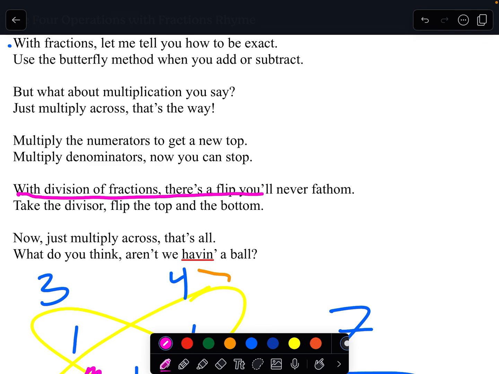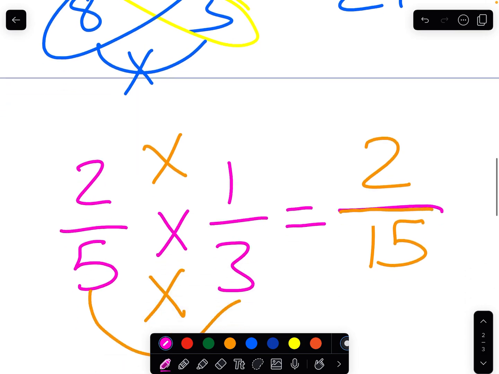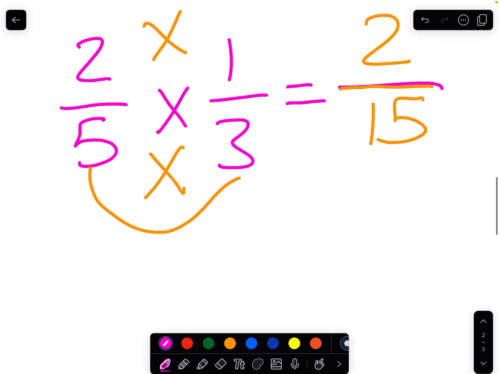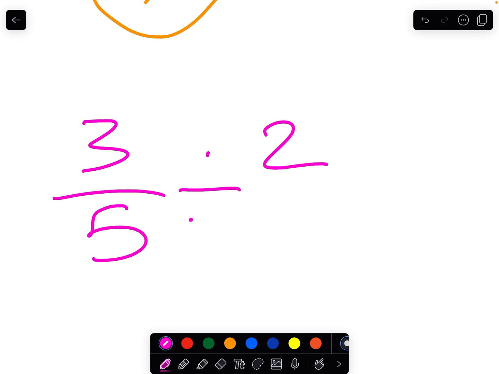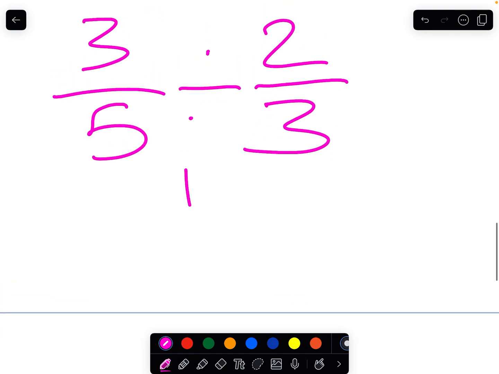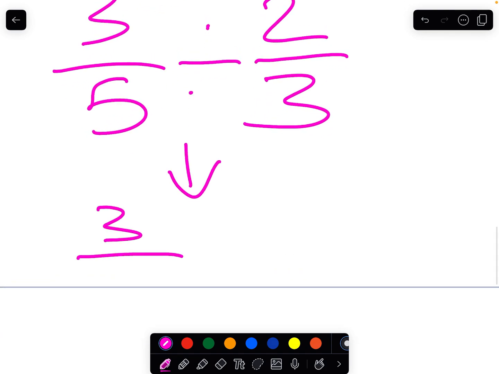What does the next part of this rhyme say? With division of fractions, there's a flip you'll never fathom. Take the divisor, flip the top and the bottom. Okay, so we'll do that first. Let's pretend we're taking 3/5, dividing it by 2/3, and then it says to flip the top and the bottom of our divisor.